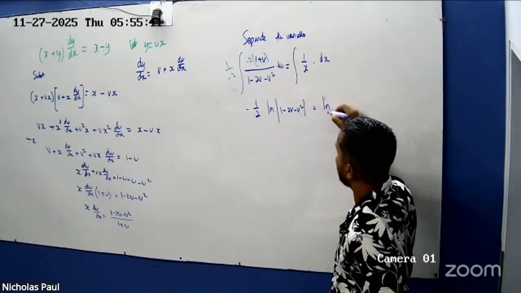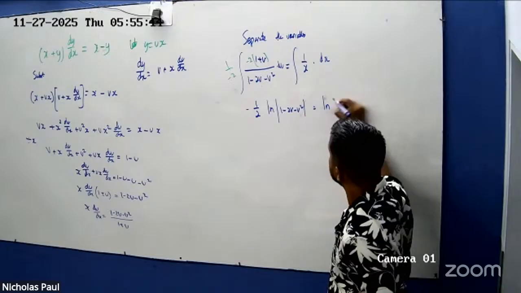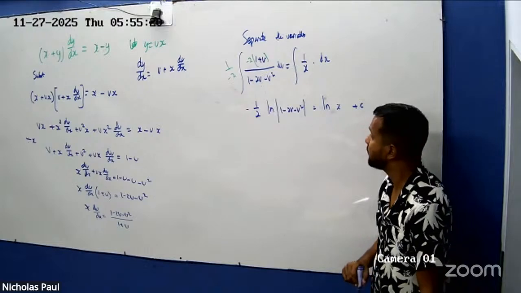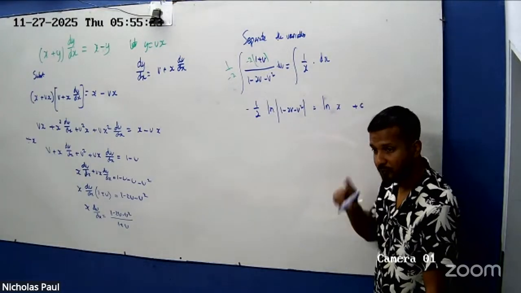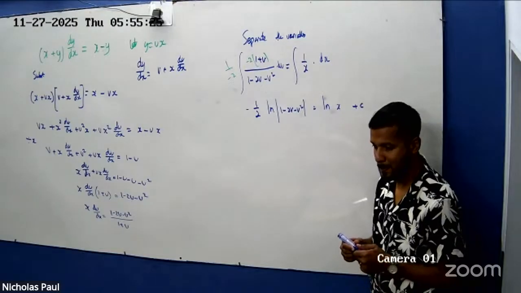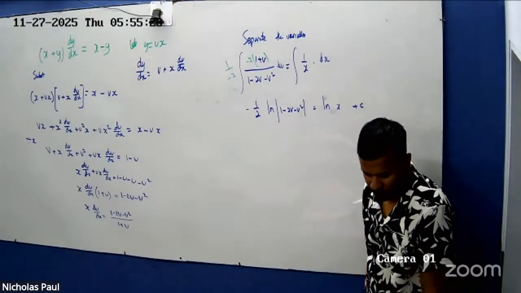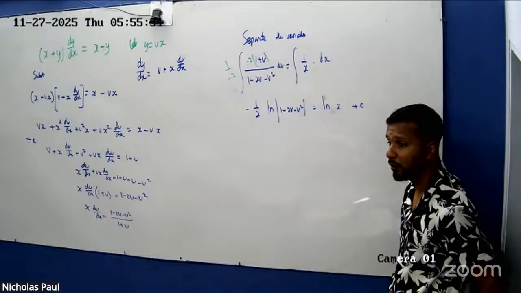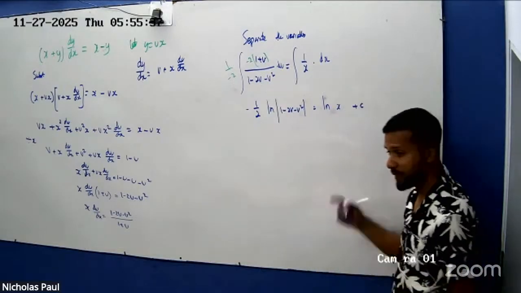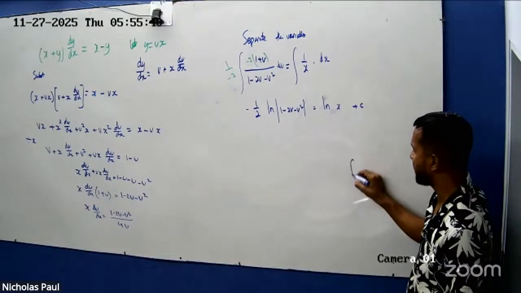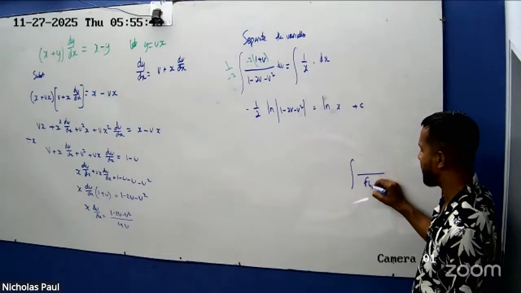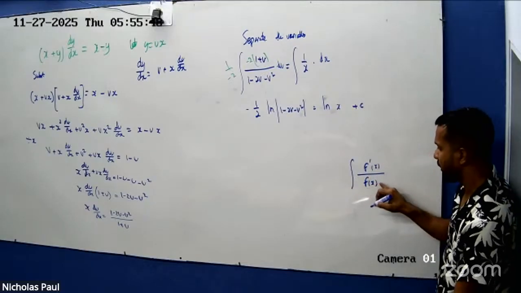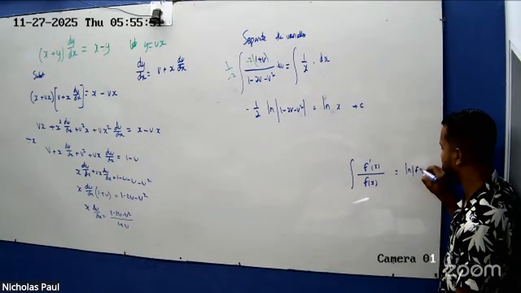Is equal to ln x. So you remember this? If you have f of x underneath, and the numerator is f prime of x, the integral of something like this is ln f of x.